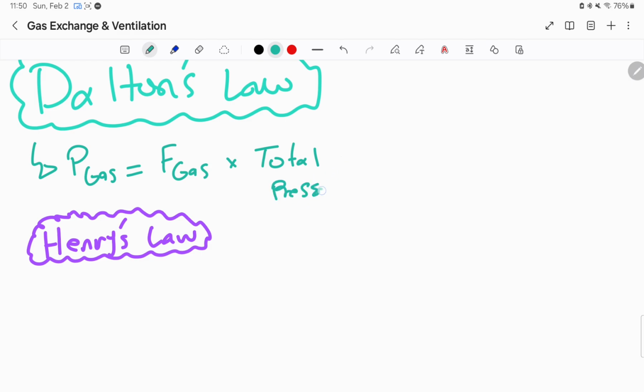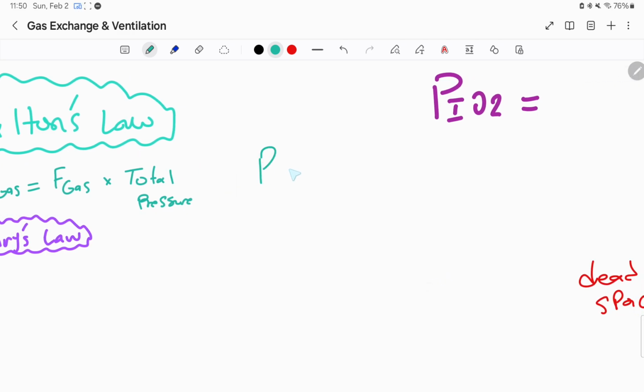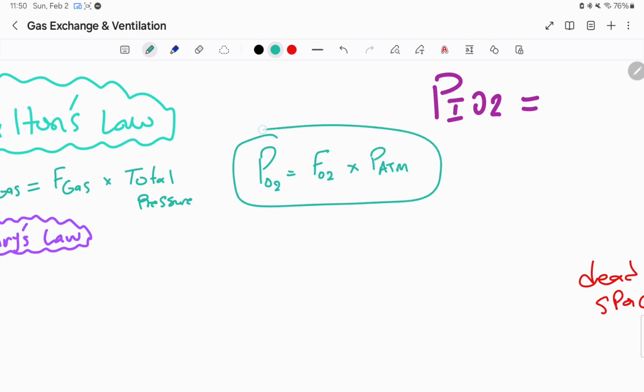To apply this to respiratory physiology, the partial pressure of oxygen equals the fraction of oxygen in the atmosphere times the total pressure. What do you think the total pressure is in this scenario? The total pressure would be the atmospheric or barometric pressure. So we can adjust this formula and say that the partial pressure of oxygen equals the fraction of oxygen in the atmosphere multiplied by the total pressure in the atmosphere.